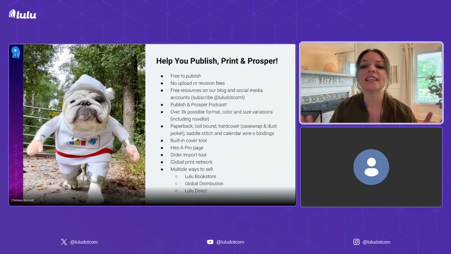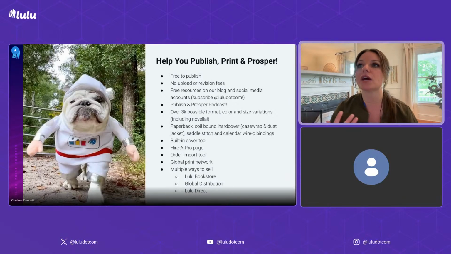We have over 3,000 possible format, color, and size variations, including novella. So I always like to share with people, we have a great pricing calculator. So if you are familiar or not familiar with Lulu, and you're just getting started on your publishing journey, lulu.com/pricing is a great resource for you.